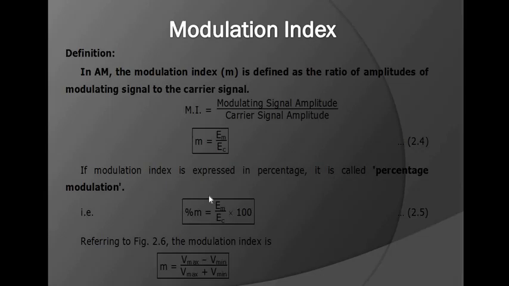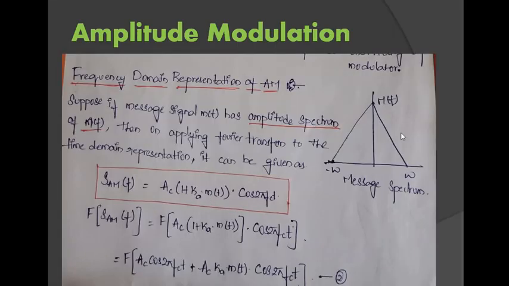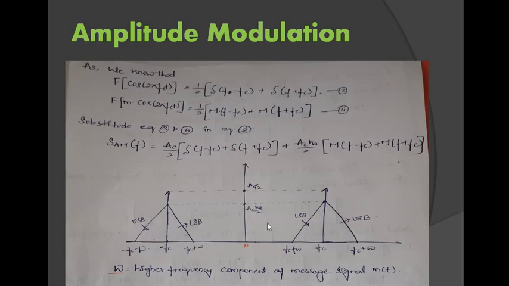Initially we saw this is the frequency spectrum, right? This is the message spectrum and the amplitude is given as M of f. Now to this we will have two bands separately. This is the origin, this is the carrier at the positive side and this is at the negative side.